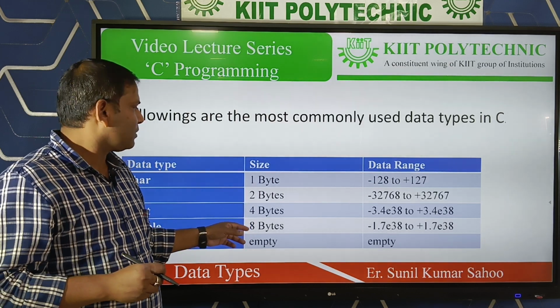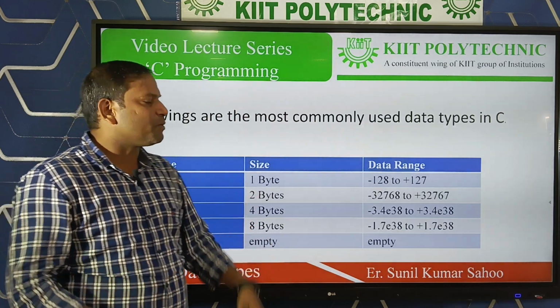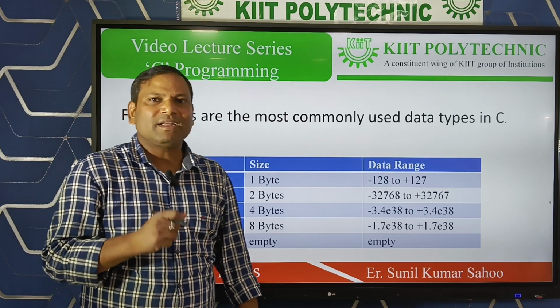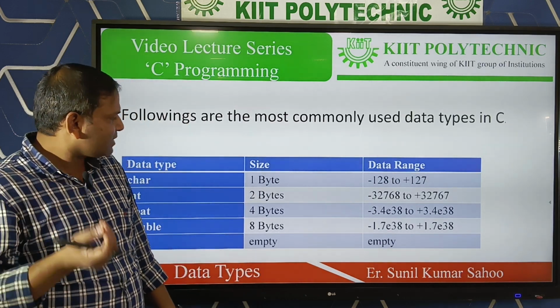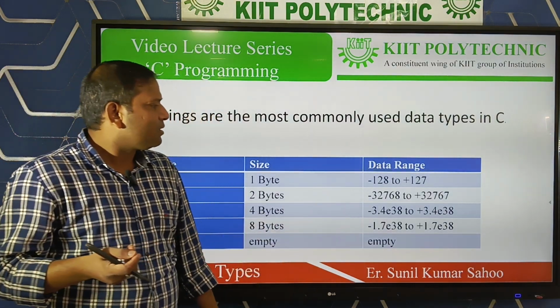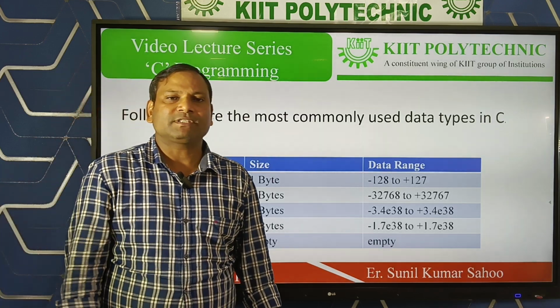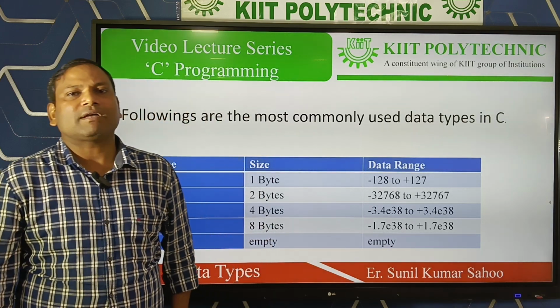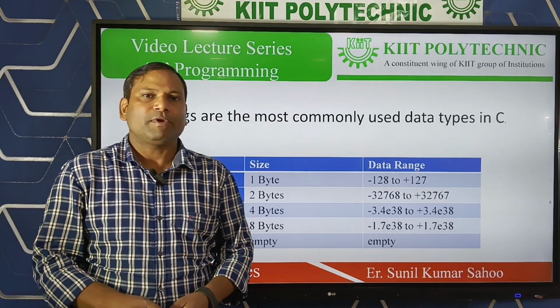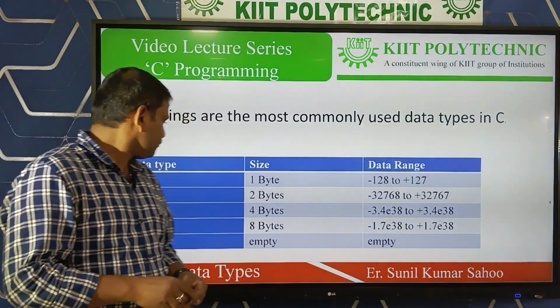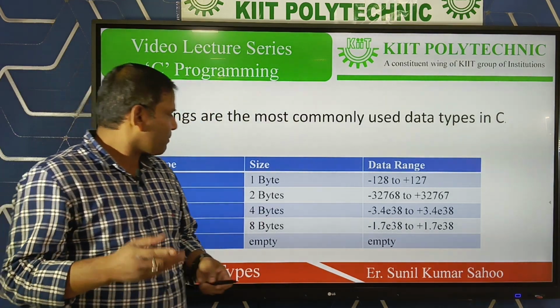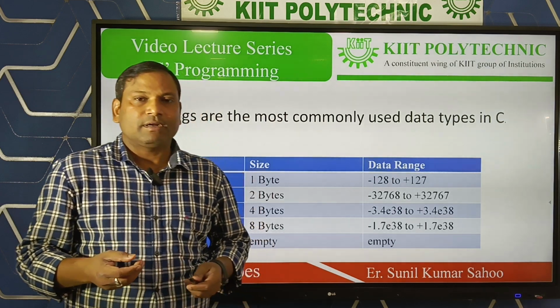Next, int. If you want to input an integer value into memory, that integer variable occupies 2 bytes of memory space. In these 2 bytes, the range is minus 32,768 to plus 32,767. Next, float, which is 4 bytes. Float is a data type.